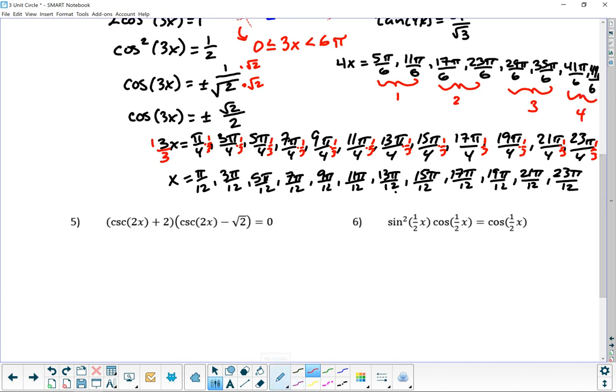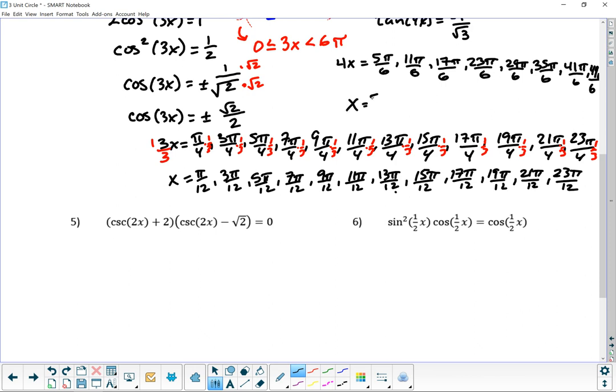But now, we've got to solve it in our original domain of 0 to 2 pi. So this actually has lots of answers. So we're going to divide that by 4, or multiply the bottom by 4, so I'll get x by itself.